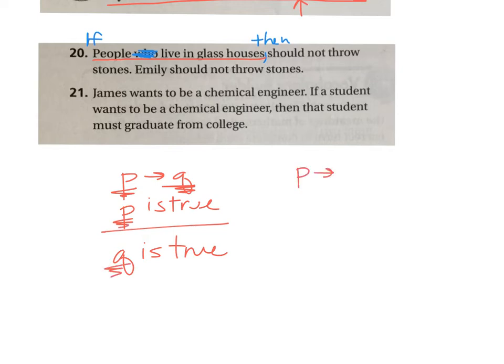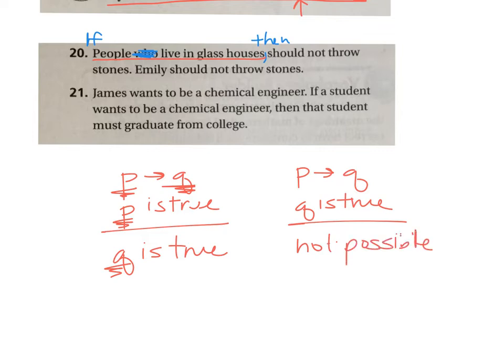Whereas if I say if P then Q, and I tell you that Q is true, you have to say not possible, because it could be any other reason that is making Q true. So if you look at number 20, if people live in glass houses, then they should not throw stones. And it says Emily should not throw stones.